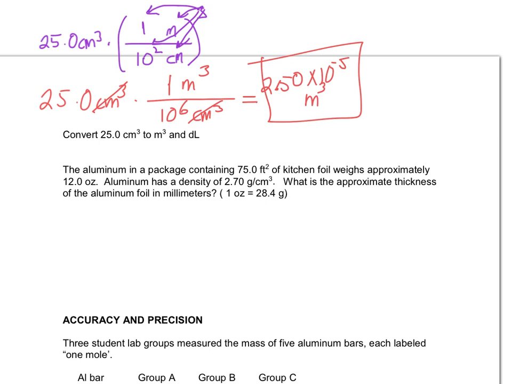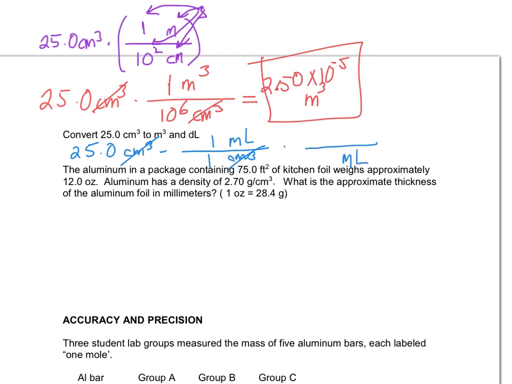We also want it into deciliters. So let's do that in blue here. So 25.0 centimeter cubed. I want it in deciliters. Well, I know the relationship between a centimeter cubed and a milliliter. Centimeter cubed and milliliter is 1 to 1. That gets rid of my centimeters cubed, so now I have milliliters.